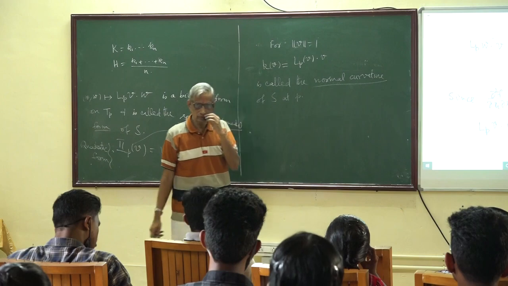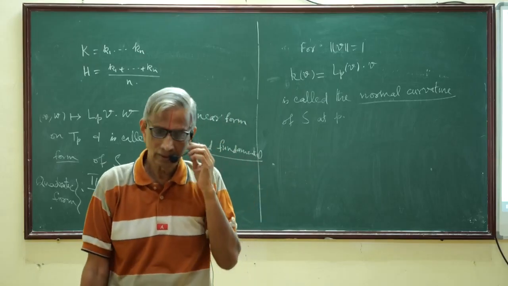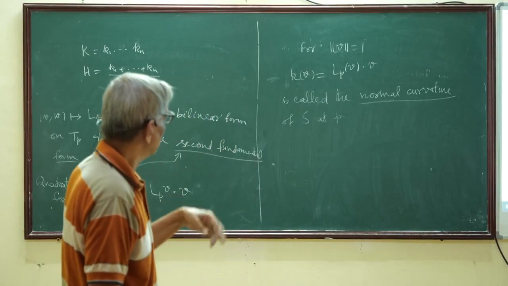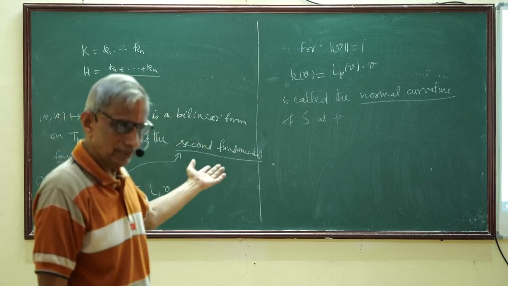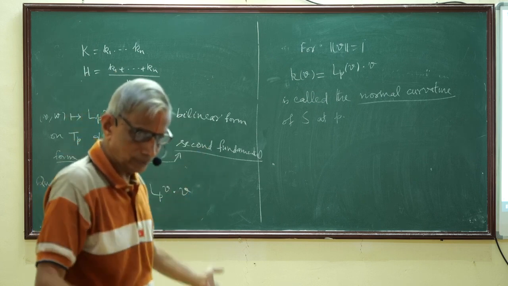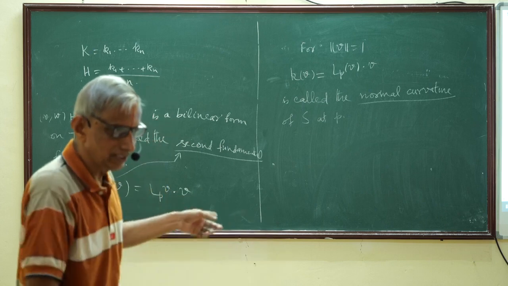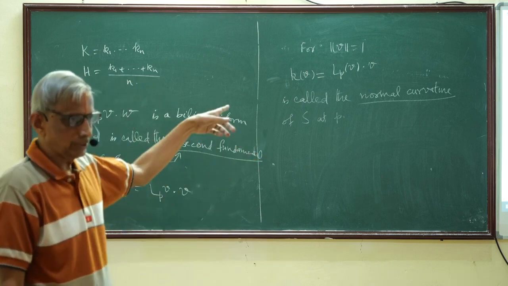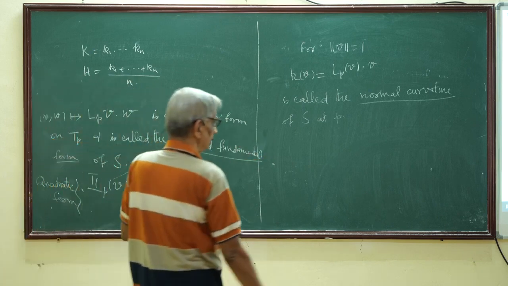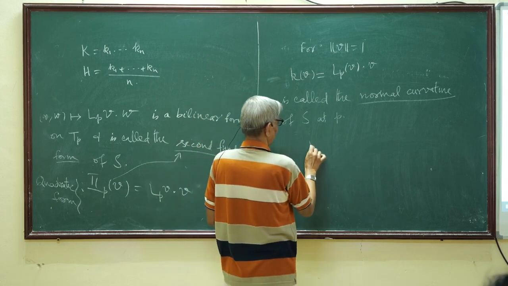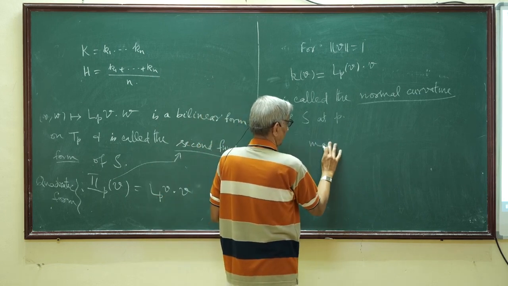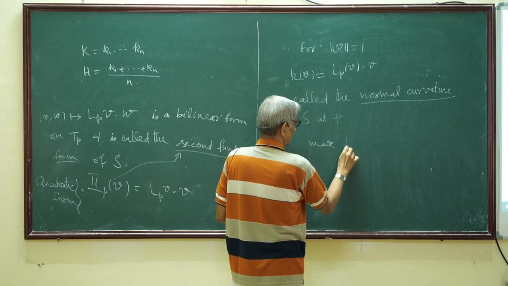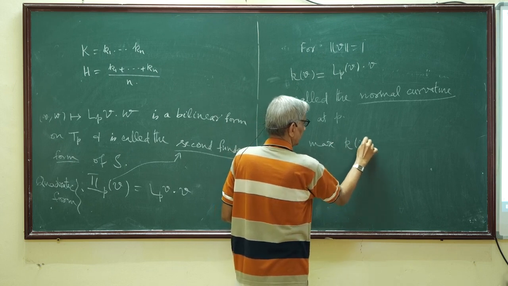So in terms of this normal curvature, you can describe all your eigenvalues now. The way I described earlier, you take the maximum of k_v over the unit sphere, with v in T_P of course.